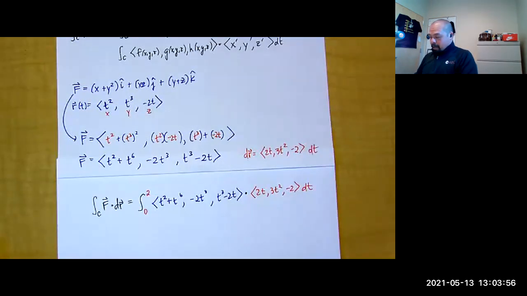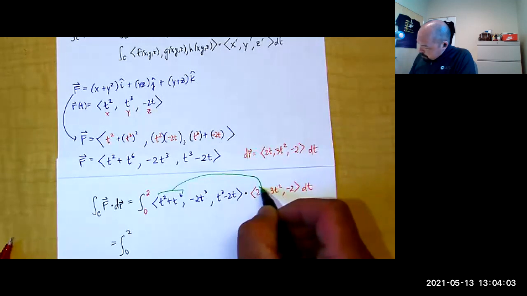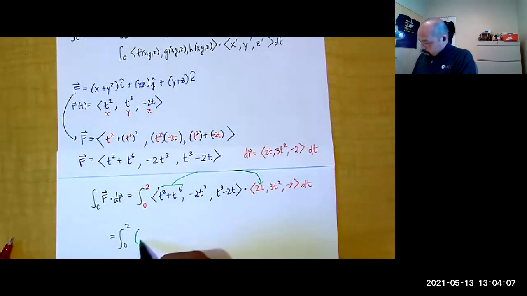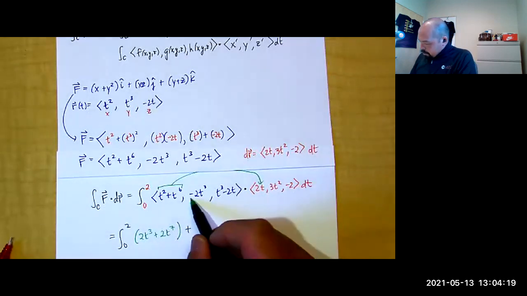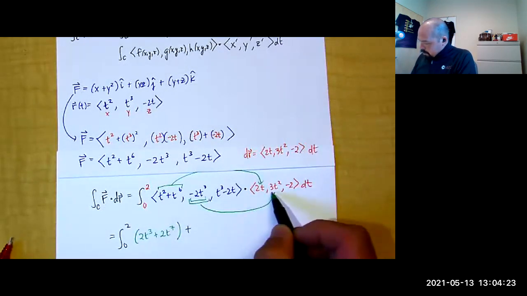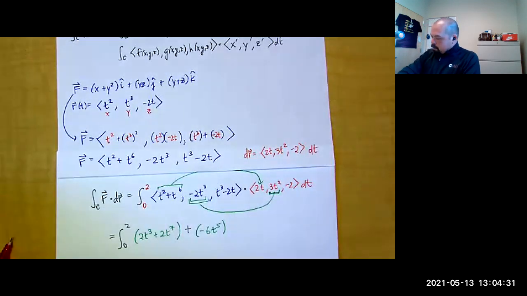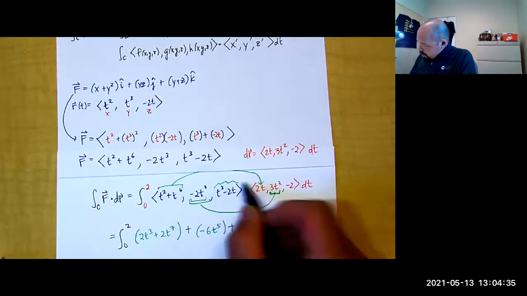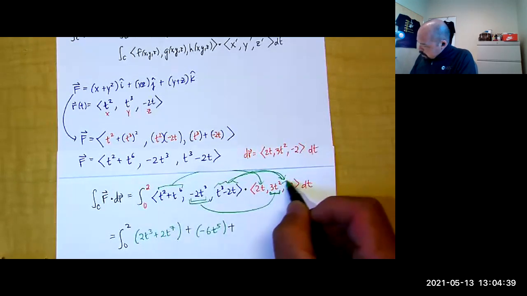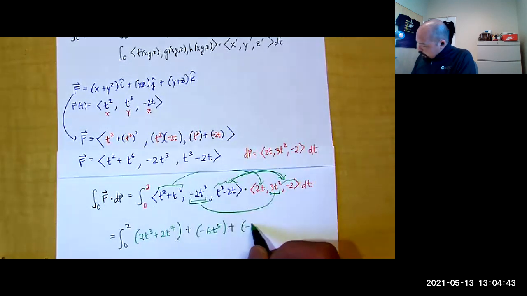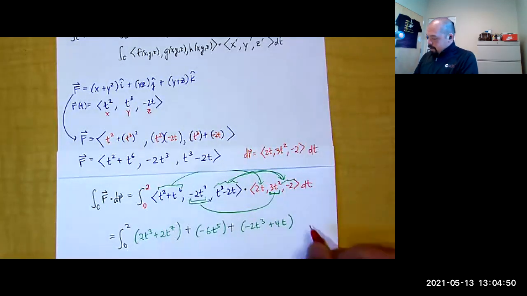So now we have to actually do the dot product, component by component. 2t cubed plus 2t to the seventh plus negative 6t to the fifth power plus negative 2t cubed, negative 2 times negative 2, positive 4, t to the first, all of that dt.